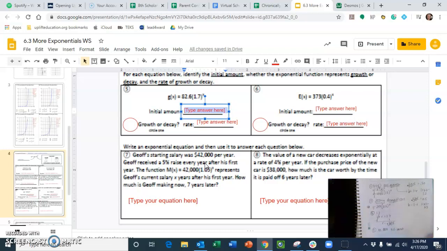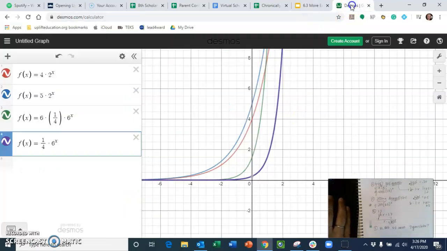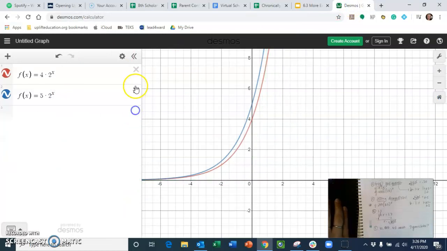It gives you the equation. It says how much is Jeff making 7 years later. This is very similar to the Evaluate Exponentials IXL link that you guys did the other day. So I'm going to put this equation into my Desmos. M of x just means y.